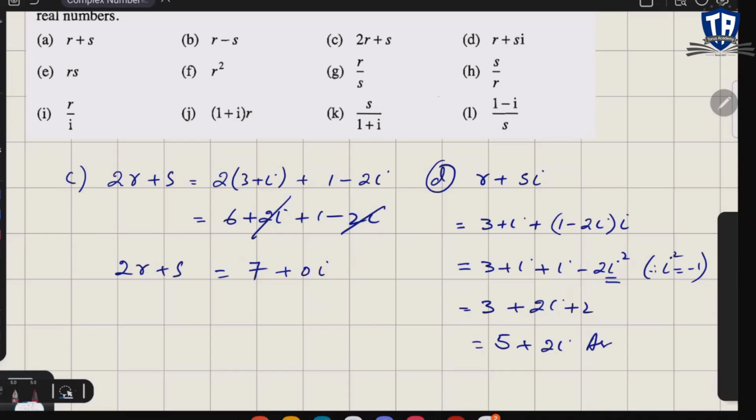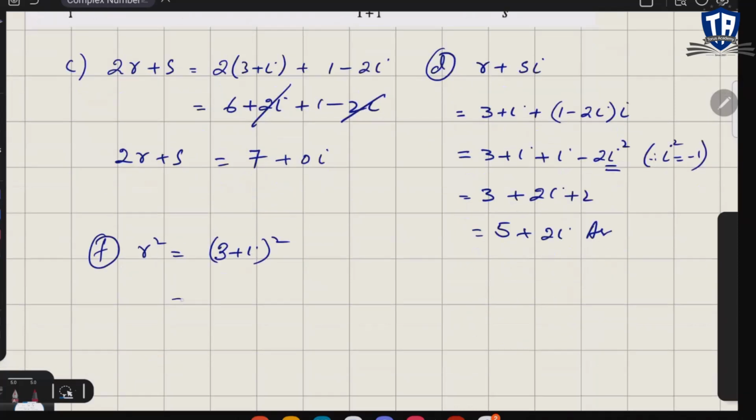For the F part, where it is r square, meaning 3 plus iota whole square. You can apply the formula for square, or you can write them in two brackets and open the brackets. So both ways are possible. I'm taking the square of 3 plus iota. So it is 3 square plus 2 times 3 into iota plus iota square.